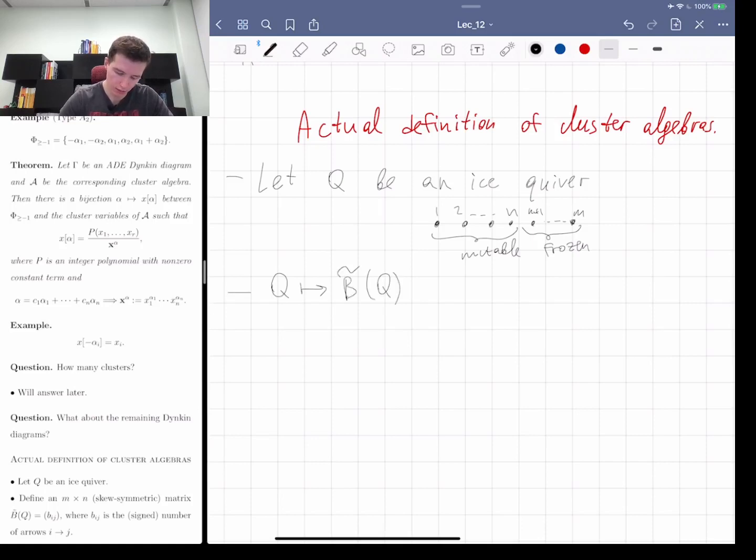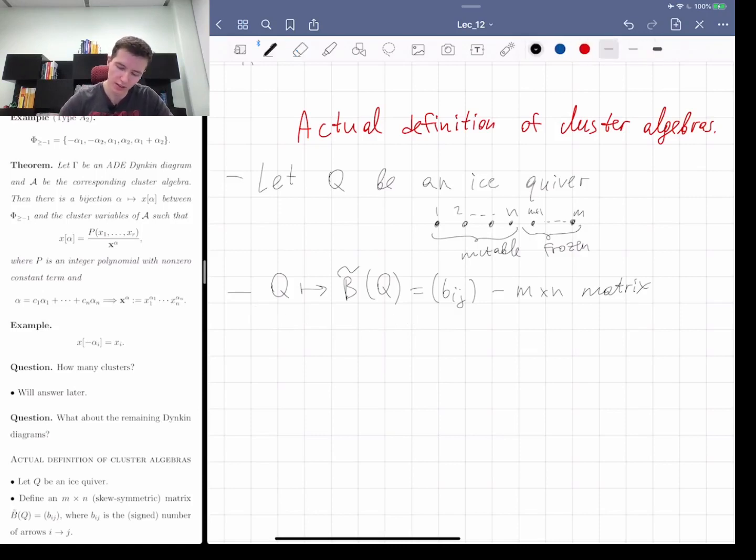It is an m by n matrix. B tilde is going to be a skew symmetric matrix. Well, I guess I have to say it's going to have a part that's going to be skew symmetric. Okay, never mind. Let me first erase this.